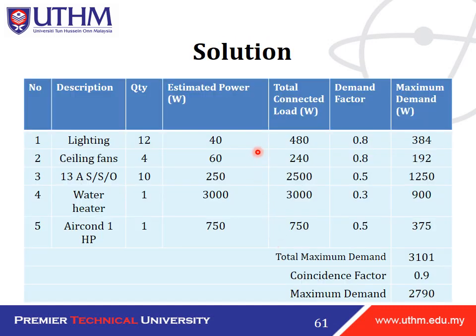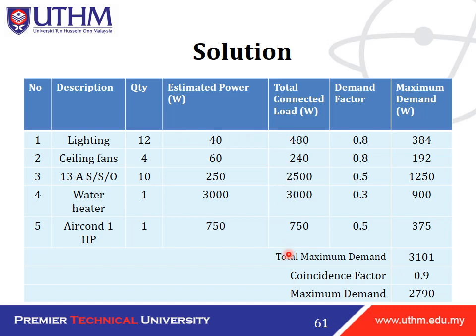And then for the solution, we need to draw the load calculation table. So we know the quantity of the lighting, ceiling fans and 13 amp socket outlets we got from the layout just now: 12, 4 and 10, 1 and 1. And then the estimated power is given in this question. And finally we can calculate the total connected load. So we know that total connected load is equal to quantity times estimated power.